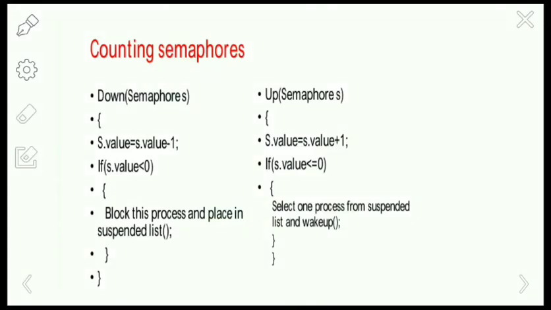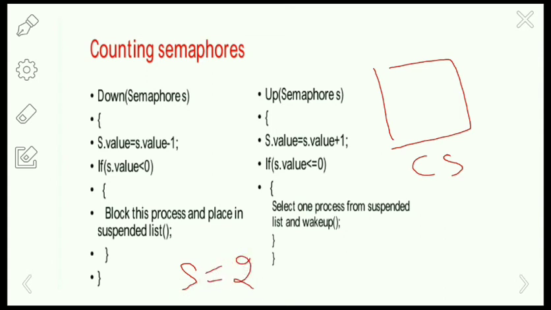Okay, so let us take an example of the counting semaphore. So we are taking the critical section here, and take the semaphore variable as 3. So we can take it as 2. Okay, so first of all, we are going to perform the down operation here.